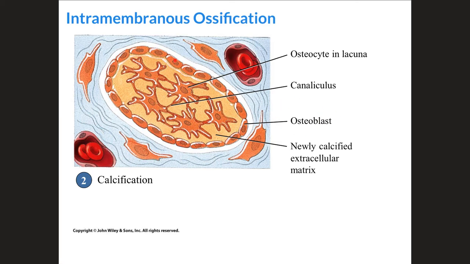Osteoblasts are going to start laying down the matrix of bone, and as they do so, they're going to become trapped within the matrix and turn into osteocytes. So we'll start to see some osteocytes in lacunae, and then developing canaliculi, those little canals, to be able to talk to one another. So that matrix is going to calcify in the middle as bone forms.